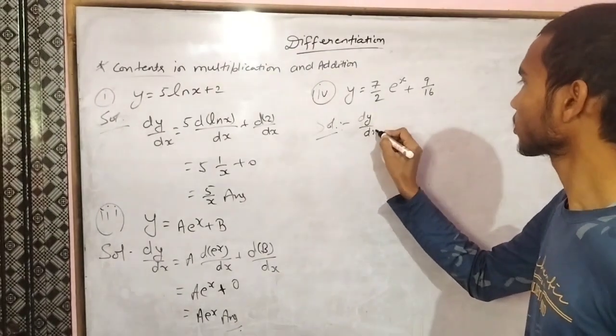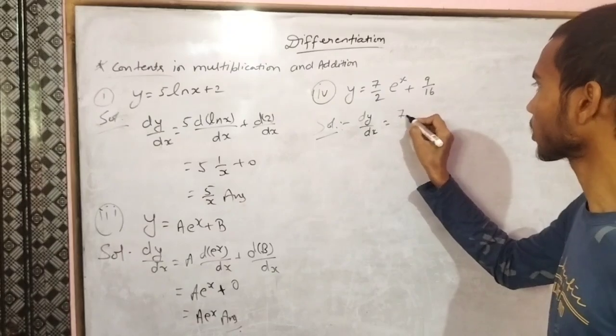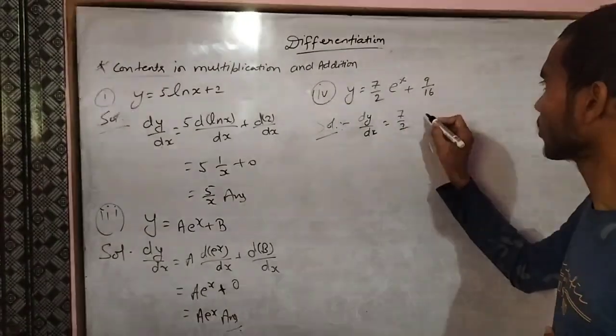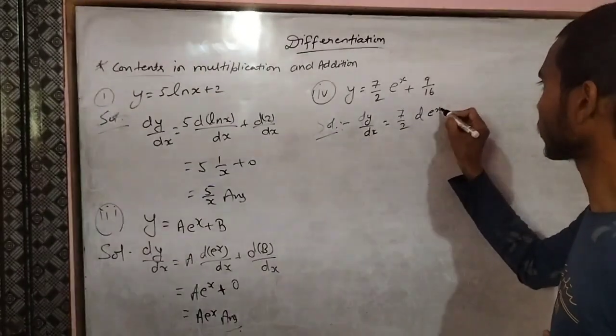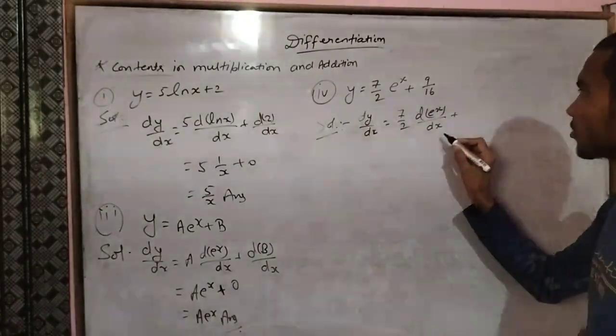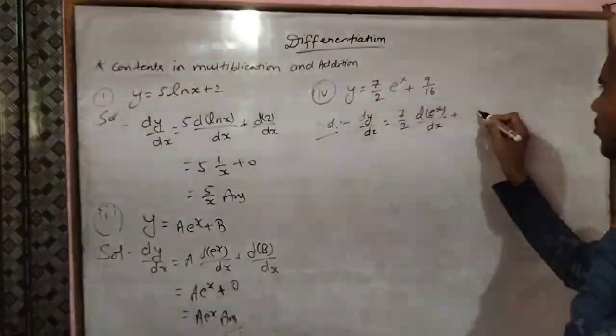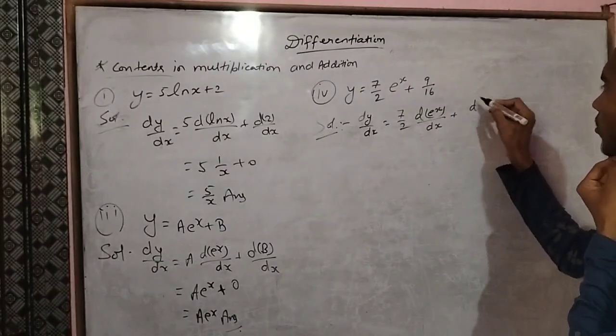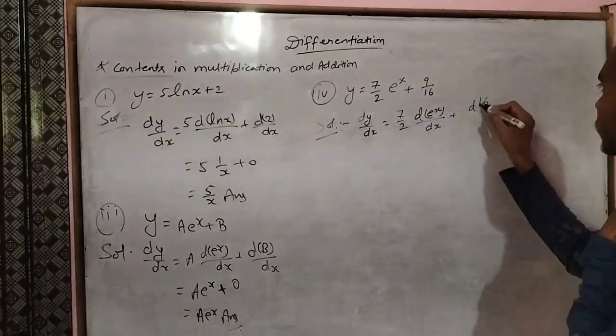So the first step is, this is a product, it will be written as it. We have just a question.